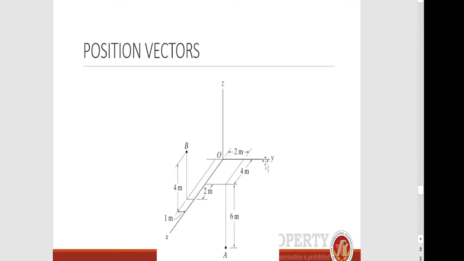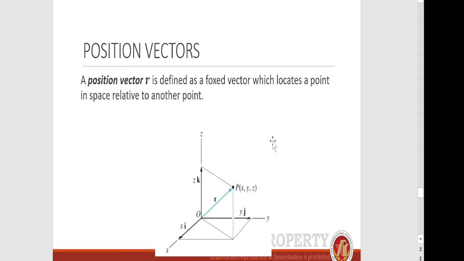Next we have the example on position vector. Position vectors usually use the slope or the distance, or we can also say coordinates. The position vector R is defined as a fixed vector which locates a point in space relative to another point.